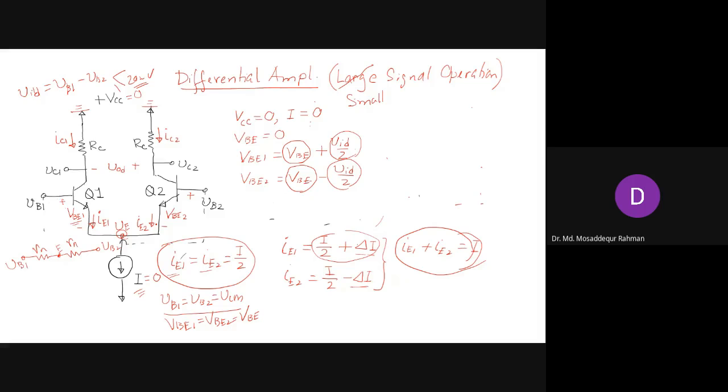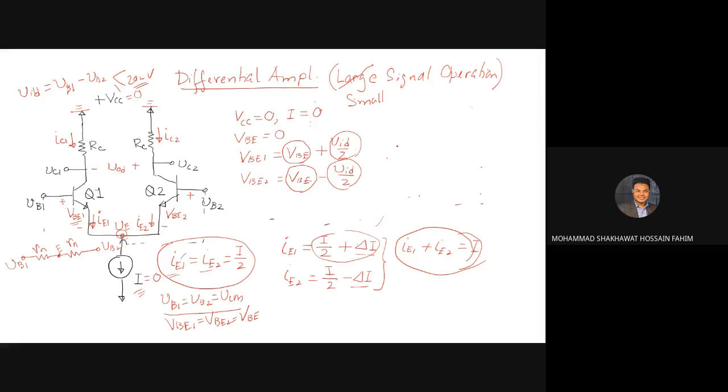The DC bias voltage and current is there in the real circuit, because without it the circuit will not work. But we are carrying out the analysis for the small signal, and we have to consider only the small signal, setting all the DC, the large signal voltage and current to 0. Is that clear?